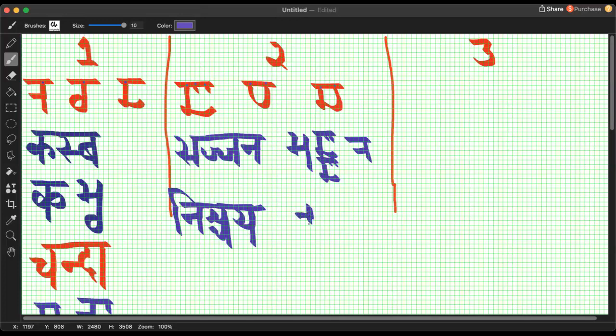I'll first write Ni. It will remain the same. Then I'll write Sha. Nishcha. So the next sound that I hear is ch. So ch is touching this 2 times. So this comes with the Shiroreka here, the entire alphabet. Okay. Nishchaya.